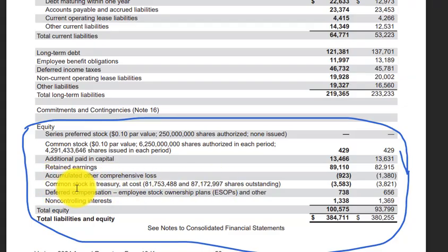Treasury stock, which they refer to as common stock in treasury, deferred compensation. We talked about employee compensation and non-controlling interest, which we'll talk a little bit about when we get to the balance sheet.